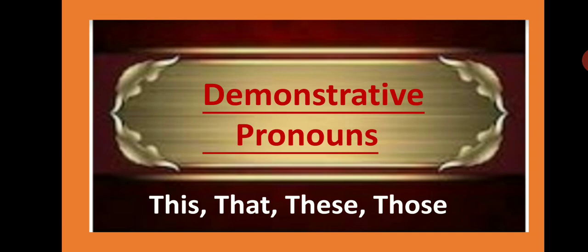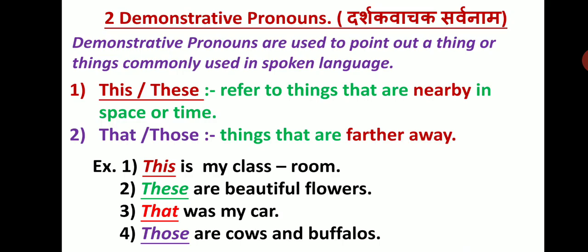Now see the second type of pronoun, that is the demonstrative pronoun. These pronouns are this, that, these, and those. Demonstrative pronouns are used to point out a thing or things, commonly used in spoken language.